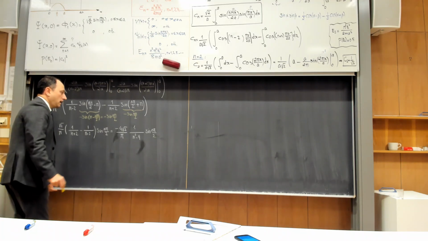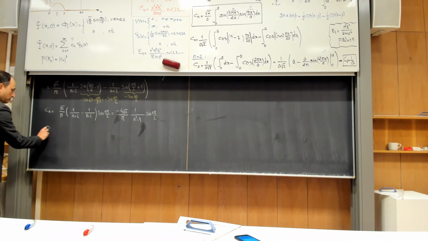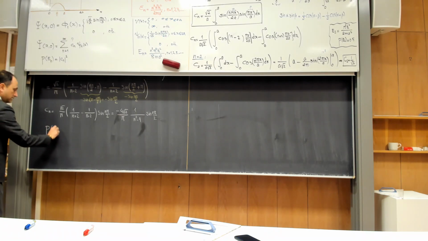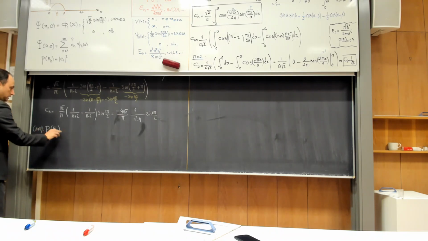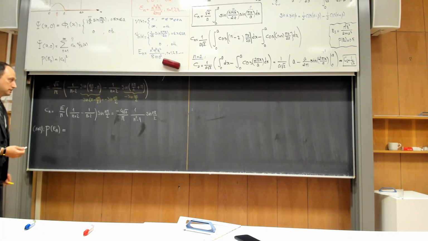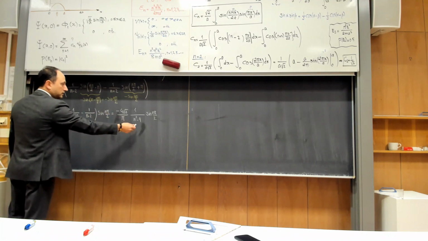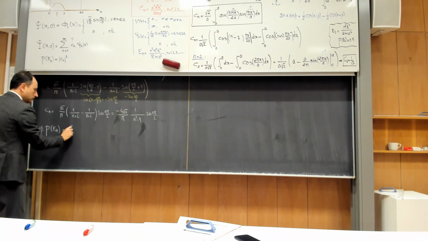Okay, and then I can calculate Cn squared. So the probability of getting En, if n is not equal to 2, of course, P(En) is equal to the absolute value of this expression squared. So if I take the absolute value of this and square it, it becomes 32.